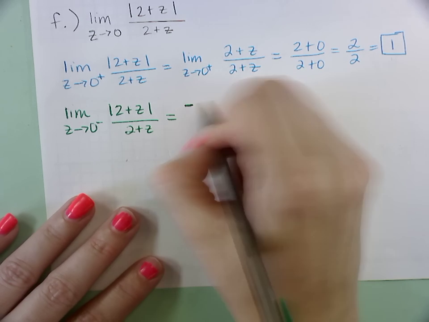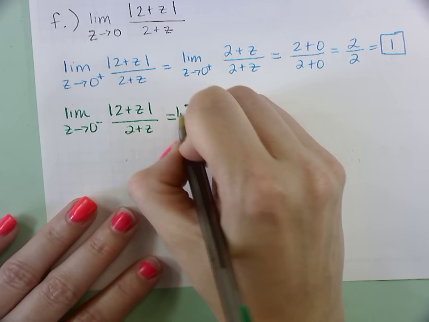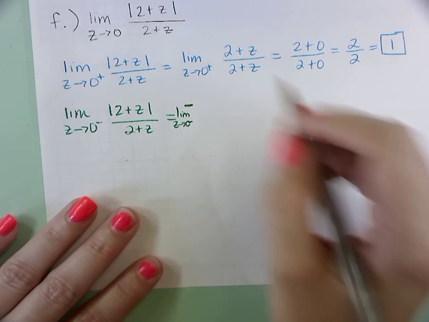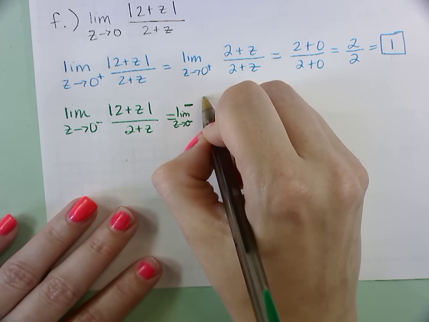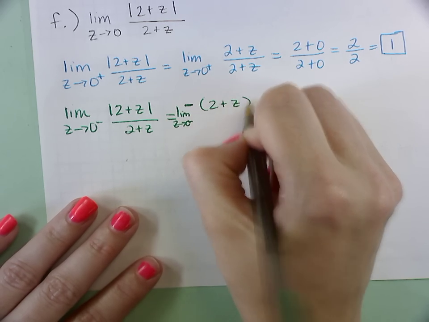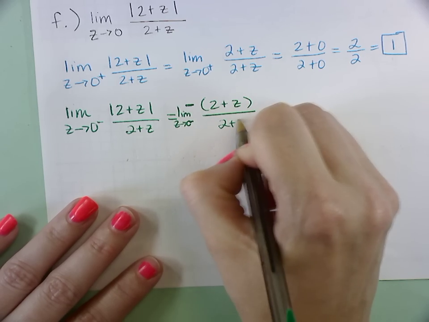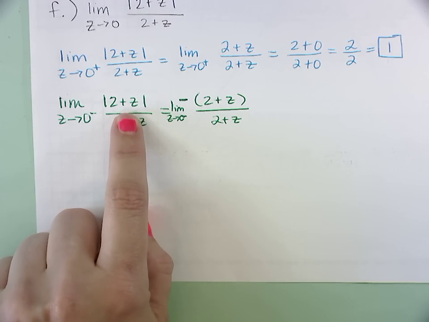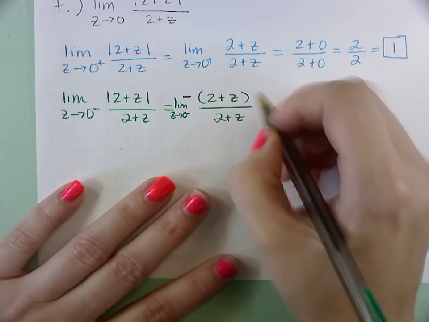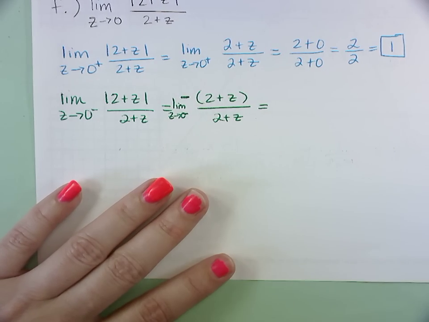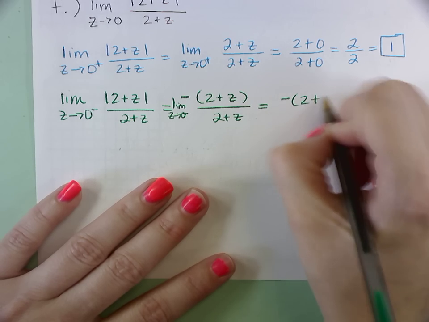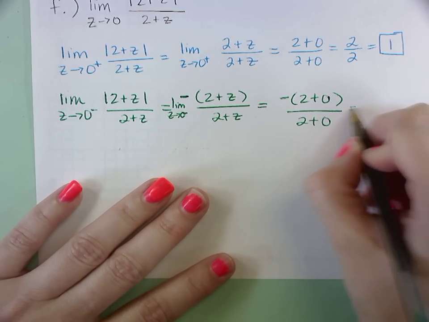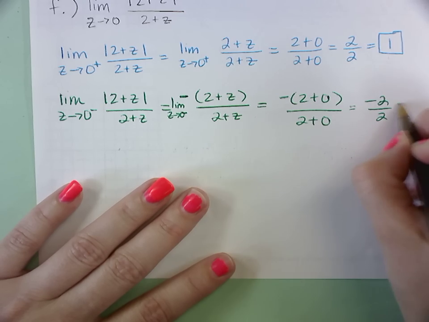So this is going to be the limit as z goes to 0 from the left of negative 2 plus z over 2 plus z. The negative is just on the top because that's the part where the absolute value is. Then we substitute in 0, so this will be negative 2 plus 0 over 2 plus 0. On the top we'll have negative 2 over 2, which will be negative 1.